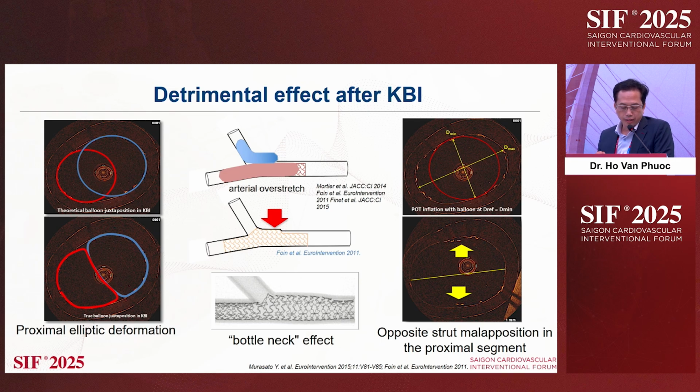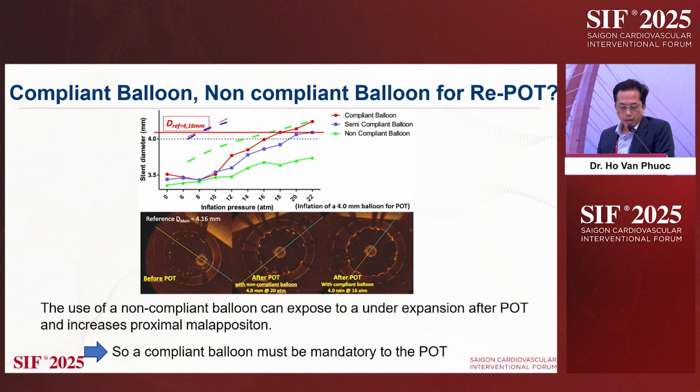After the kissing, you can see the proximal elliptic deformation, or you can see the bottleneck effect. And after that, the opposite stretch: if you use the balloon to POT with the minimum diameter, you can see the malapposition in the proximal segment. And do you use a compliant balloon or a non-compliant balloon for re-POT?